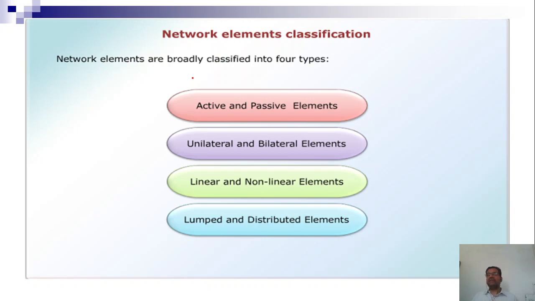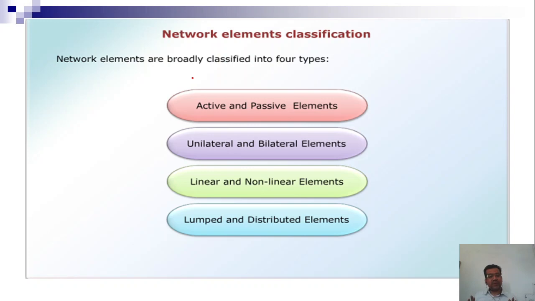What is passive? RLC, which consume the energy. Resistance will consume energy in the form of heat. Inductor will store the energy in the form of electromagnetic field. Capacitance will store the energy in the form of electrostatic field. That is the first classification.